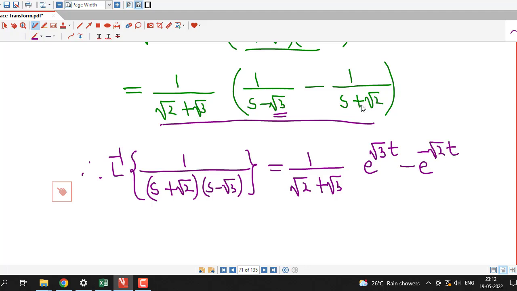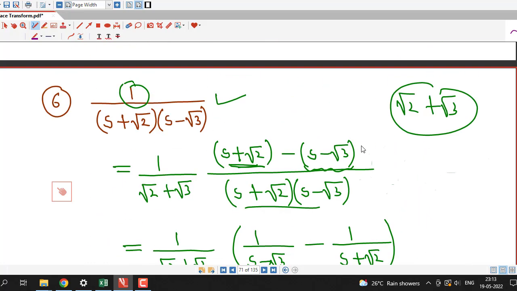If we compare with s minus a, then s plus root 2 can be written as s minus of minus root 2. So we consider e raised to minus root 2 t, because the Laplace transform of e raised to minus root 2 t is 1 divided by s minus of minus root 2, that is s plus root 2.